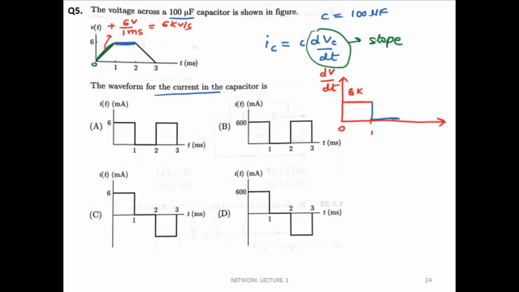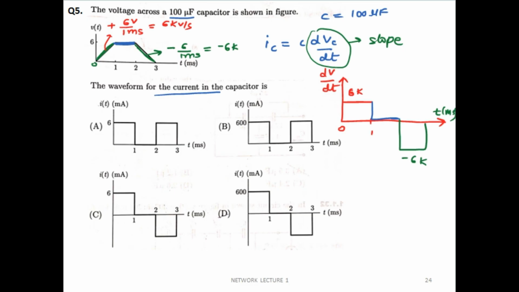Now after 2 to 3 we are having a decreasing function, so its slope will be negative. Change in the y-axis is 6 and change in the x-axis is 1 millisecond, so it will be equal to minus 6k. This is time in milliseconds.